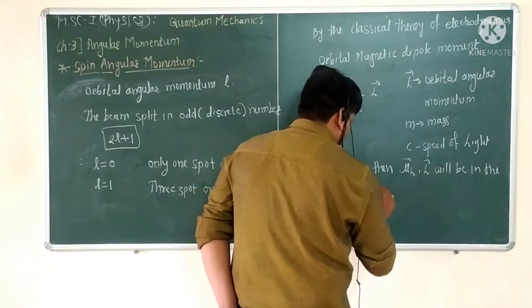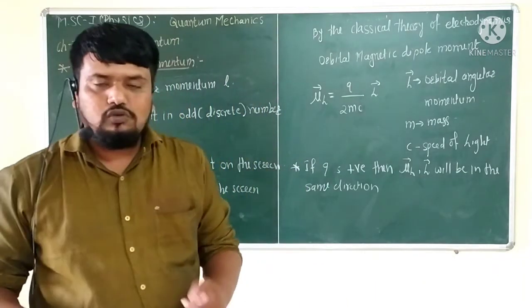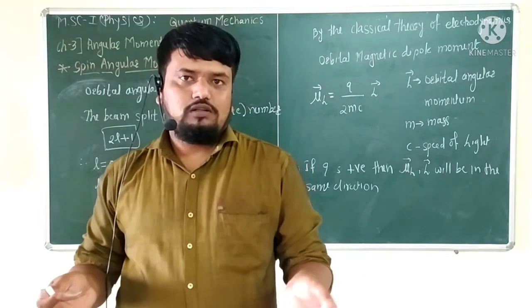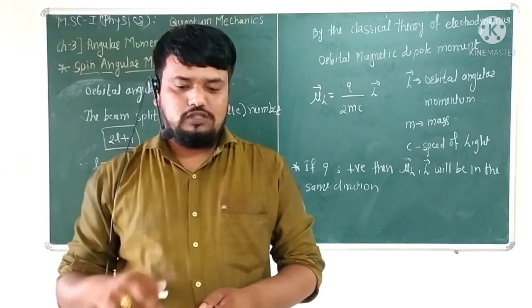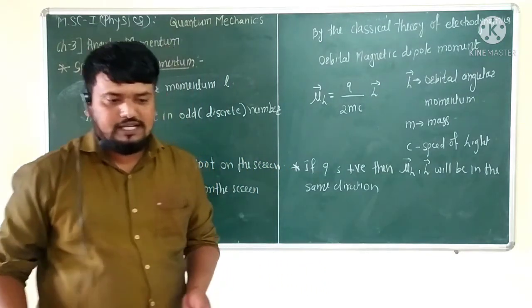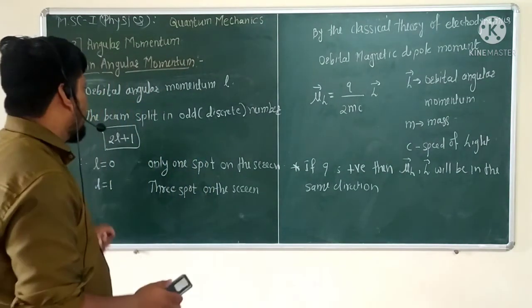Okay, and if this q is negative, such as the electron, with charge minus e, the magnetic dipole moment is considered as minus mu l, minus e l divided by twice mec.